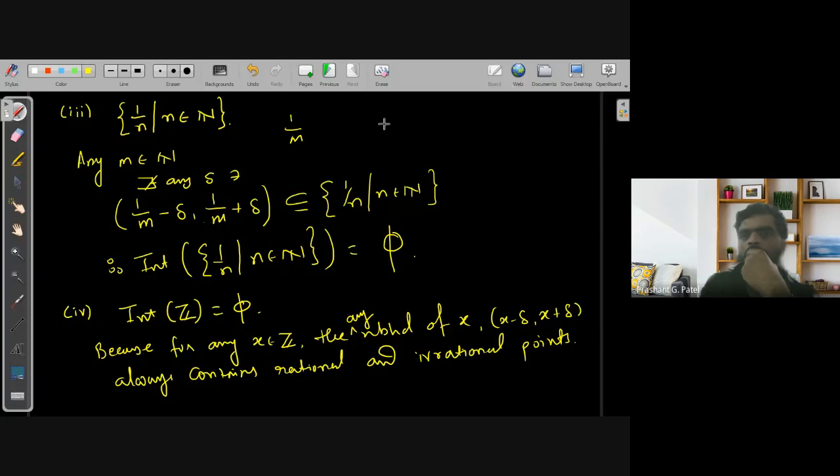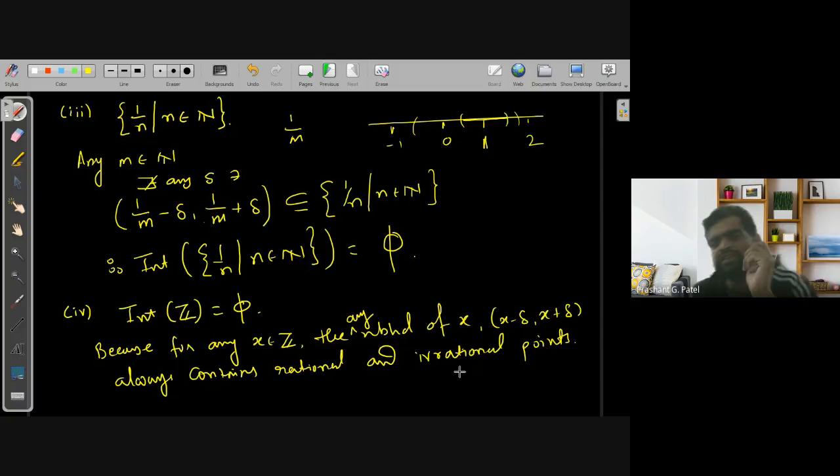Because this is your Z, 0, 1, here it is -1, 2. If I pick a neighborhood of 1, any neighborhood you can consider, it always contains rational numbers as well as irrational numbers. And these rational and irrational numbers are not in Z. So this neighborhood will not lie inside Z. So hence, the interior of Z will be empty set.